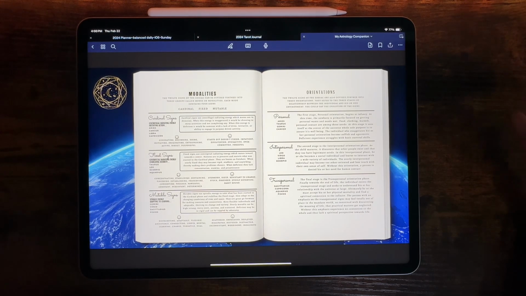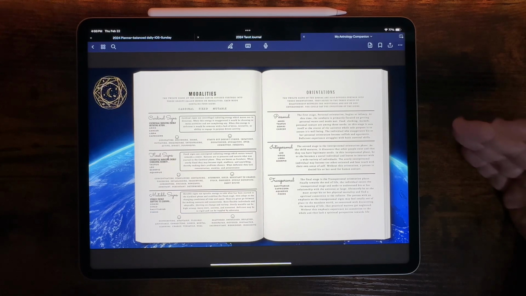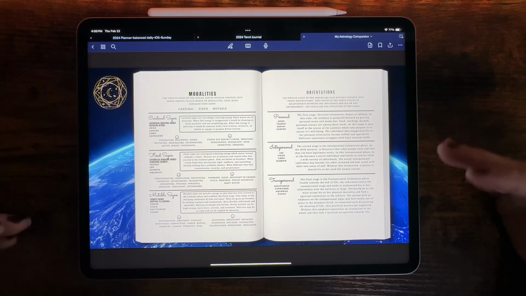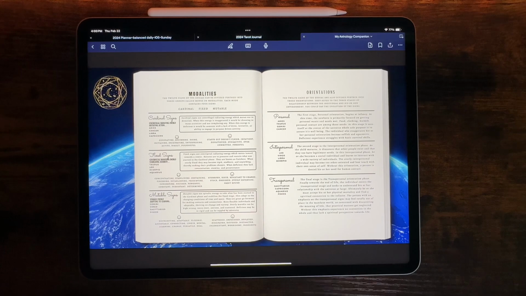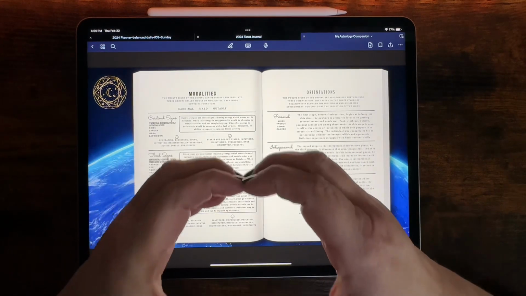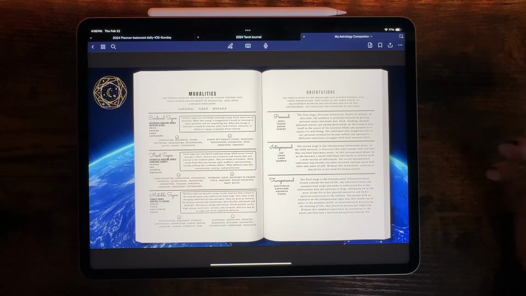So I know that this can be triggering for people because it is something that they have learned their whole life, that this is what they are. But please remember what I have said before in previous videos. This is just my take on it. Use a system for how it benefits you, not how it boxes you in or paints you into a corner telling you who you are.